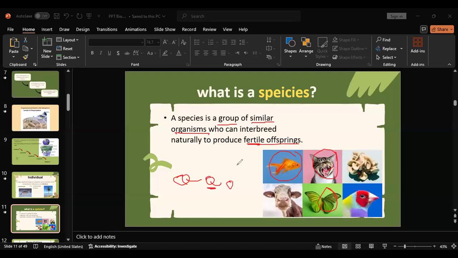That is what a species is. Again I am telling you that you should mention these things. First of all, a group of similar organisms who can interbreed naturally to produce fertile offspring. So this is the species.